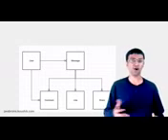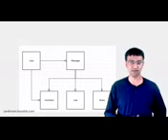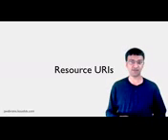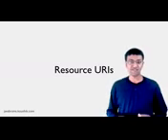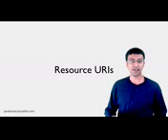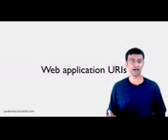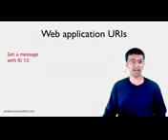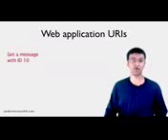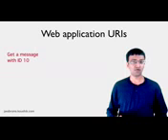Let's look at what URIs you would design for this application. We want to design RESTful resource-based URIs. So how do we do that? If this were to be a web application, I'm sure you already know what to do. Say you need a page to view a message, right? It takes in a message ID and it displays the message or a post. The URL could be anything of your choice.